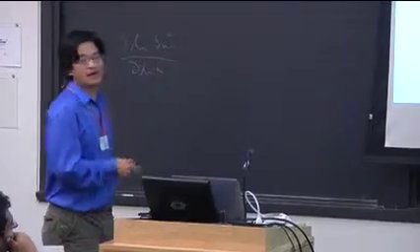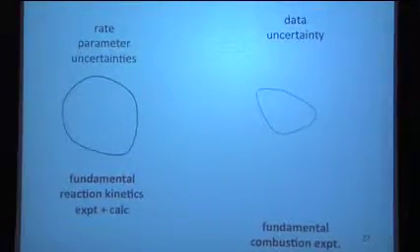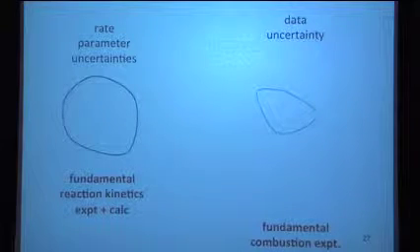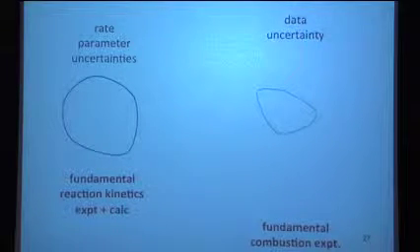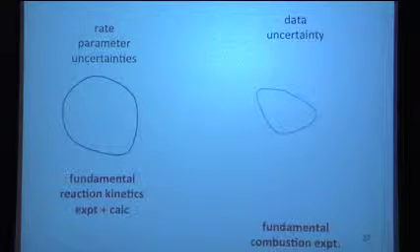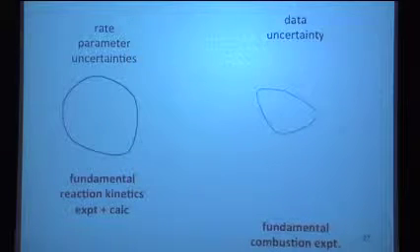You have rate parameter uncertainty. I showed you the uncertainty in H plus O2 chain branching. Okay? That's the most important reaction, but there are many others. And you have data uncertainty. That is, when you measure flame speed, you have uncertainty associated with that.